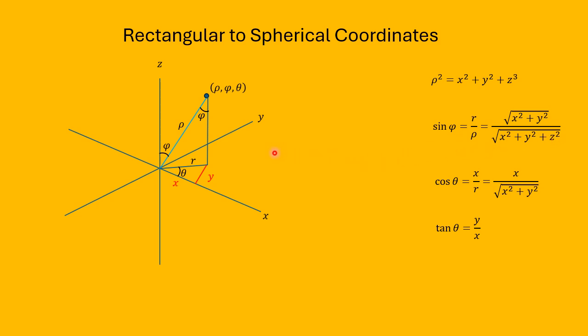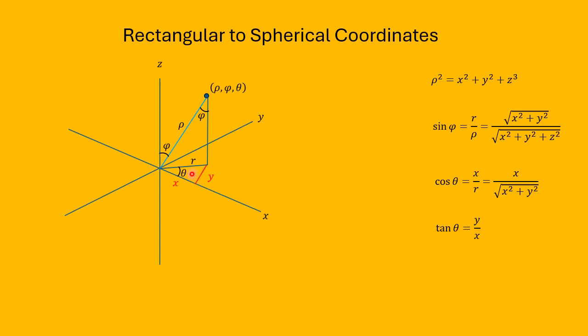Then what about the cosine of theta so that we can find theta? If we drop in the xy plane a line from this point right here, perpendicular down here to the x-axis, we have a right triangle here, and the tangent of theta is going to equal y over x, which is this formula right here.